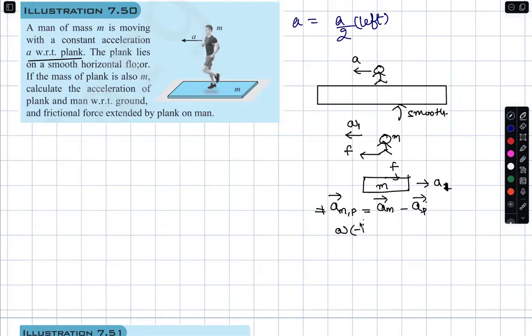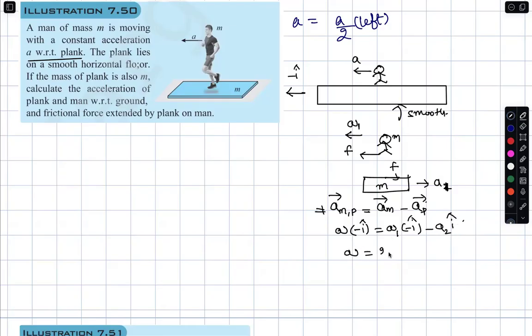Anything which is directed left-hand side, we will represent with minus i cap. Acceleration of the man with respect to the plank is A, and as we just mentioned, the acceleration of the man is A1 times minus i cap, and the acceleration of the plank is A1 times i cap.